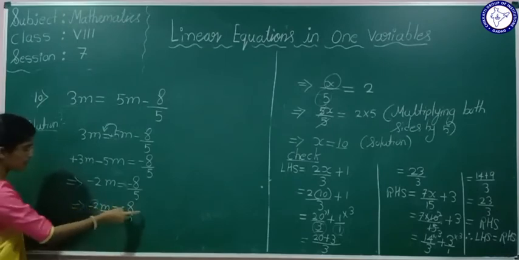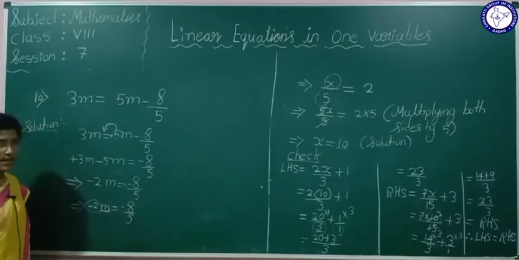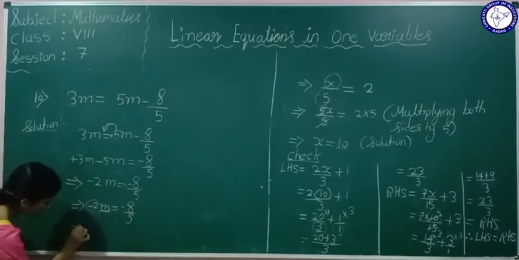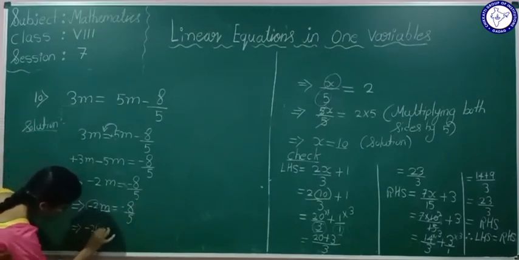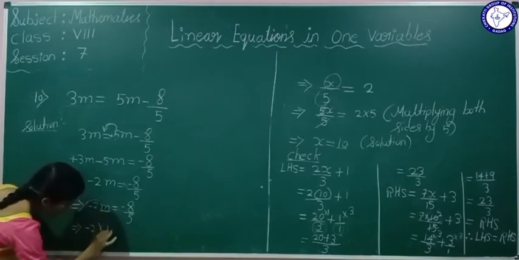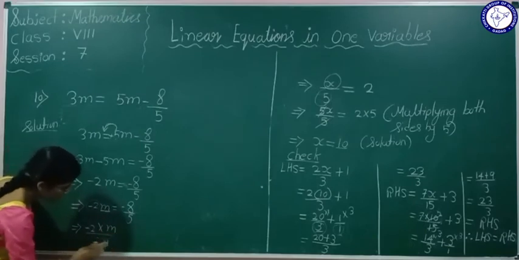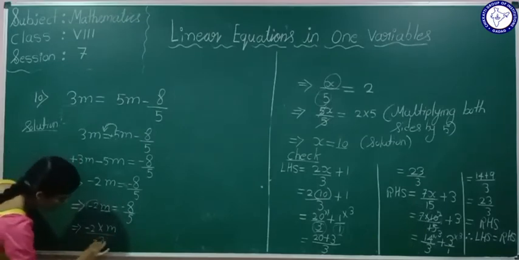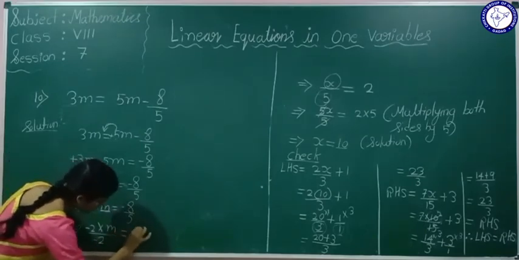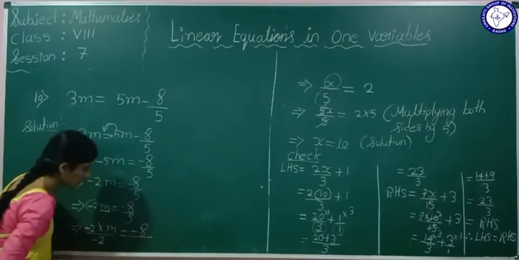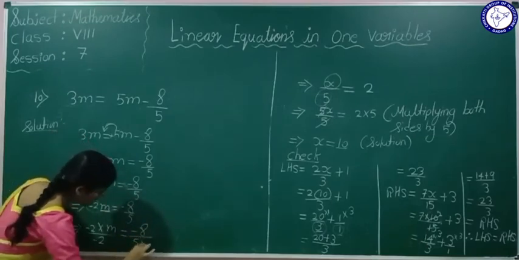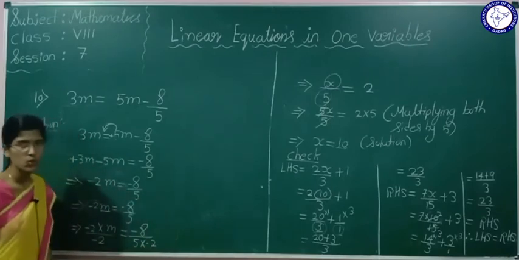By dividing both sides by minus 2. So minus 2m divided by minus 2 is equal to minus 8 divided by 5 multiplied by minus 2.